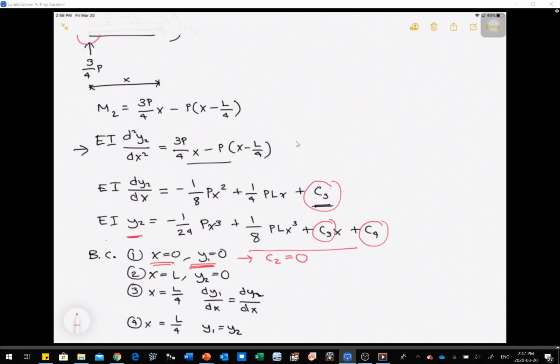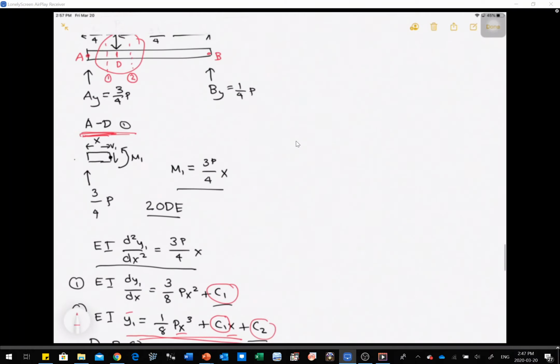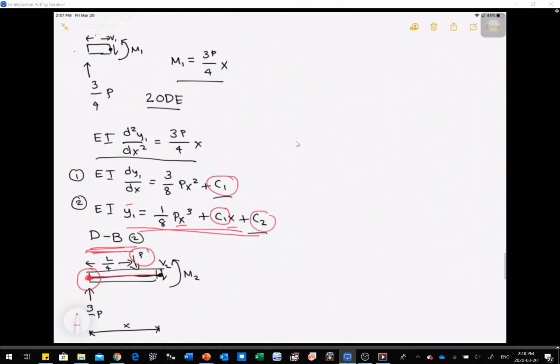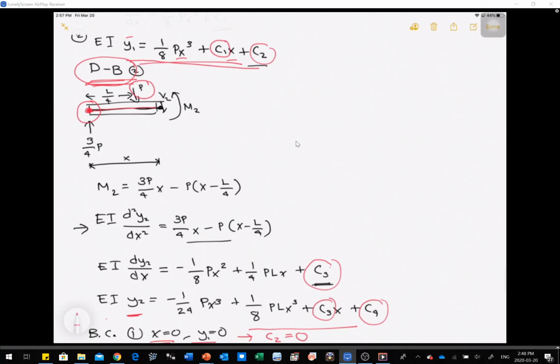Now let's look at the second boundary condition, x is equal to L, y2 is equal to 0. Again, x is equal to L, we are talking about the end of our beam. If we move back here, we are talking about point B, which means we have to use section DB. And section DB is this DB right here. That's going to be y2.